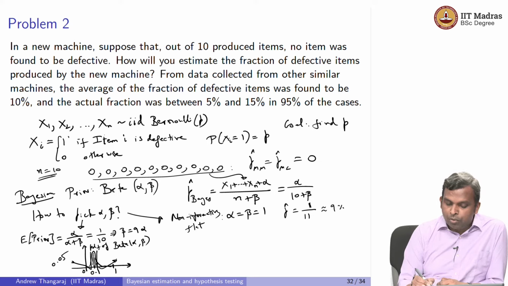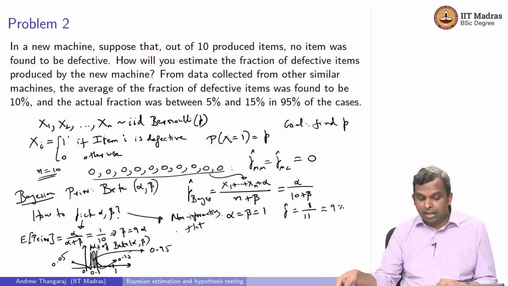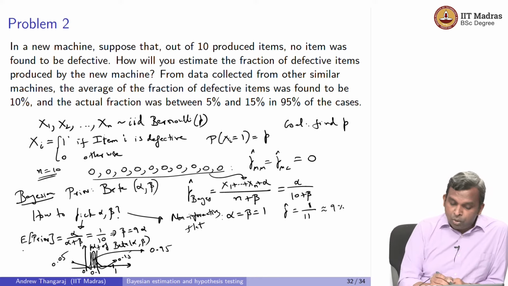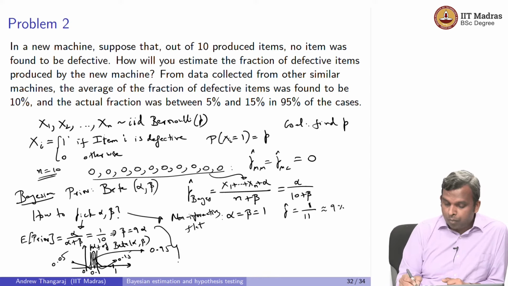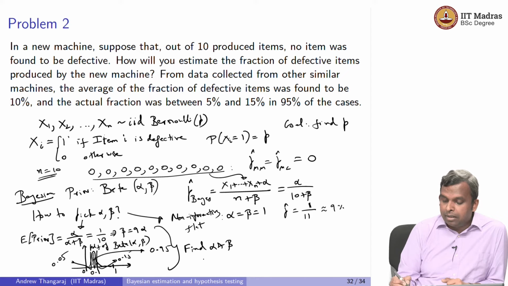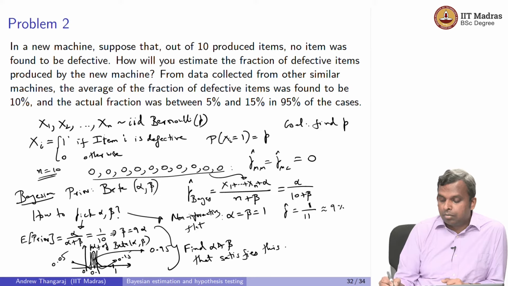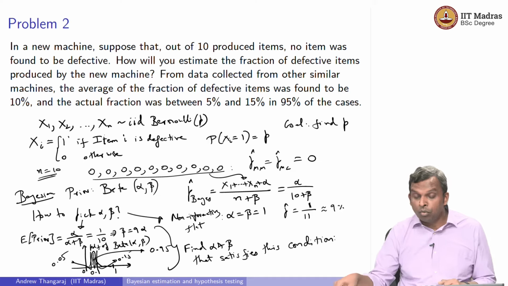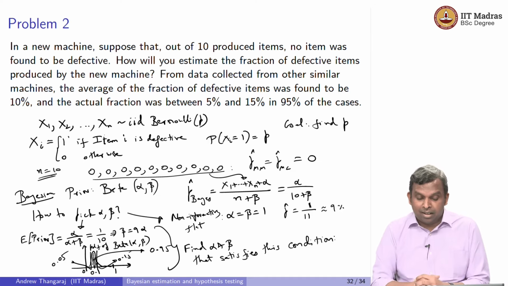If you take 0.05 and 0.15, this area should be 0.95, so 95% of the cases. So you use these two pieces of information to find alpha and beta that satisfy this condition. It's an interesting little exercise.